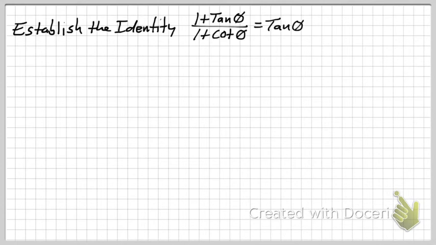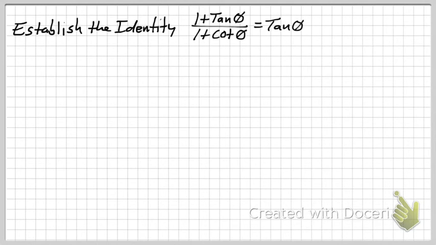Now, I tried a conjugate of 1 minus cotangent theta in the denominator, and it was a train wreck. You might want to apply 1 minus tangent theta as a conjugate. It might work out. But 1 minus cotangent theta was a train wreck.